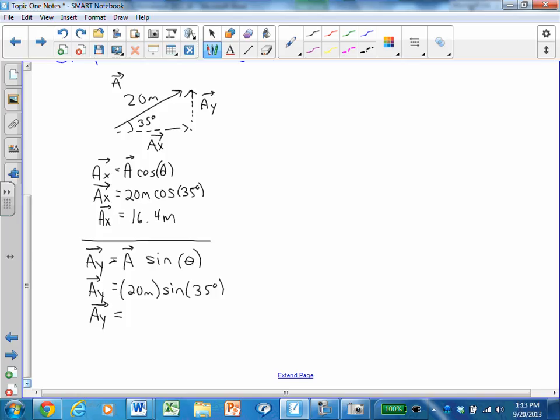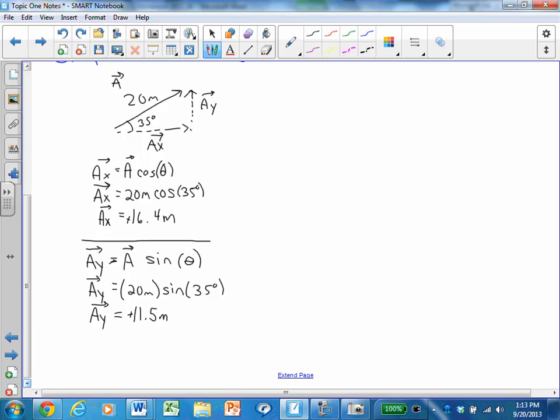When I do that, I'll just do 20 sine 35, 11.5 meters. Both of those are positive because we're in the positive x and positive y, right? All right, so we have that.